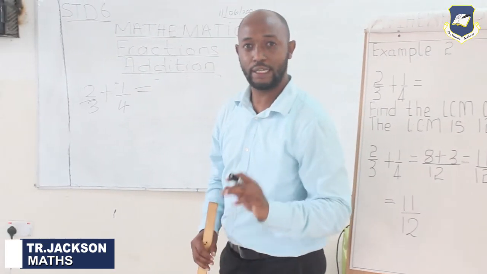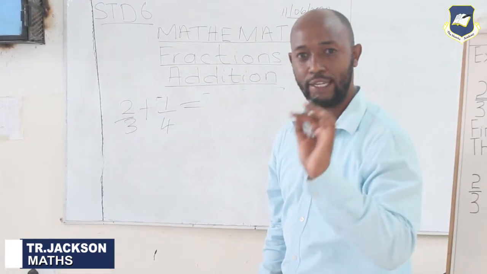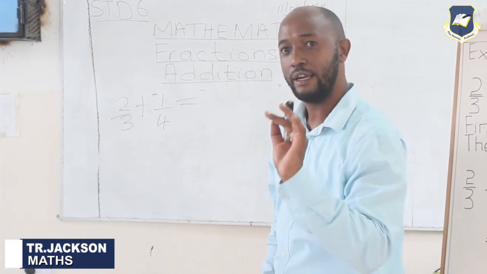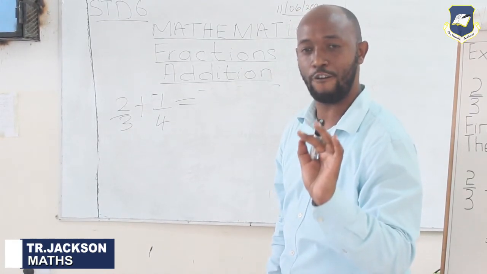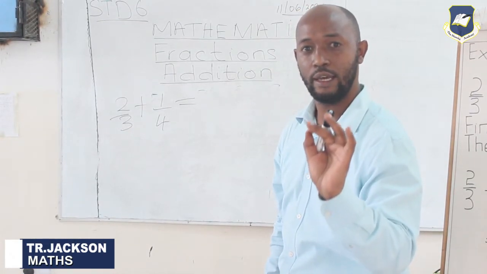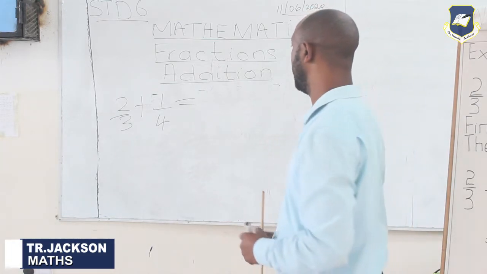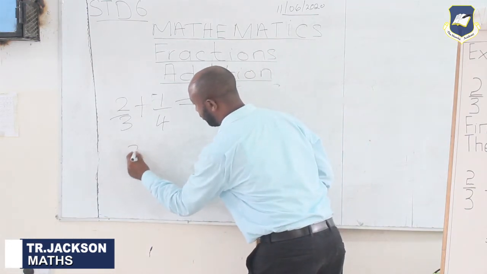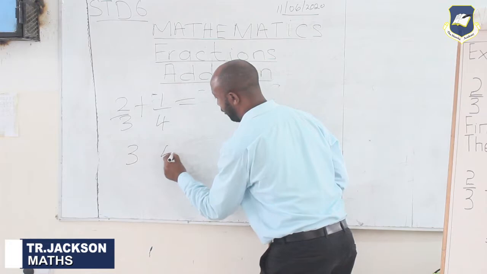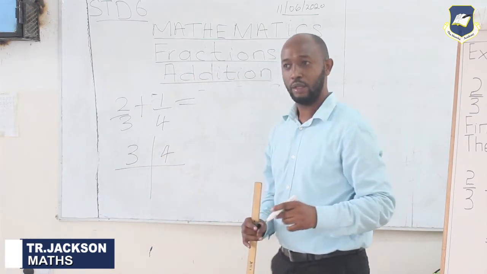You realize that the denominators are different. That tells you, whenever you see different denominators, you look for the LCM, least common multiple. Let's look for the LCM of 3 and 4.